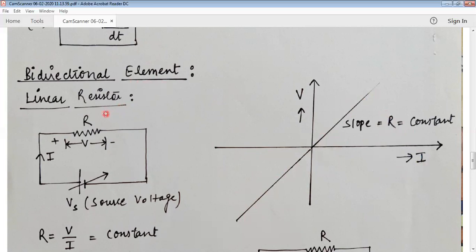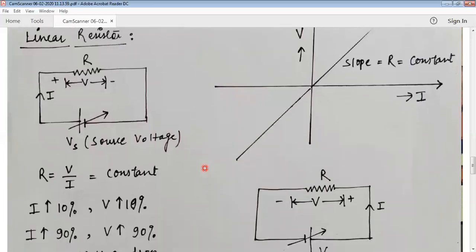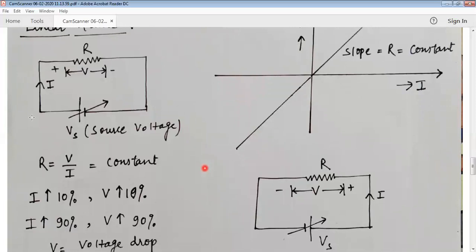And also a resistor follows Ohm's law. Any element which obeys Ohm's law is called a linear resistor. For example, let's see how to understand the linear resistor. Let's say I have taken this resistor with a resistance of R, and I have applied a variable source with source voltage Vs. The potential drop across this resistor is V and the current flowing through it is I. So R equal to V by I should be constant.